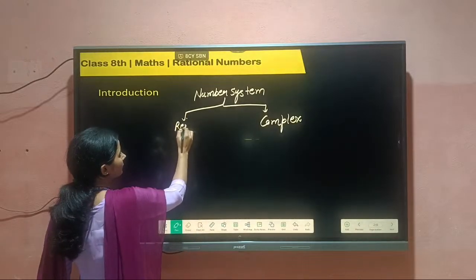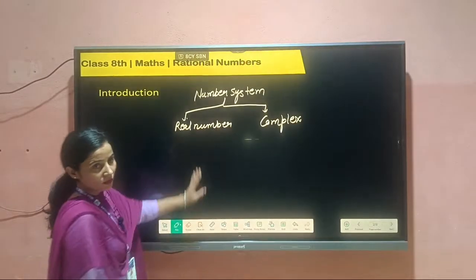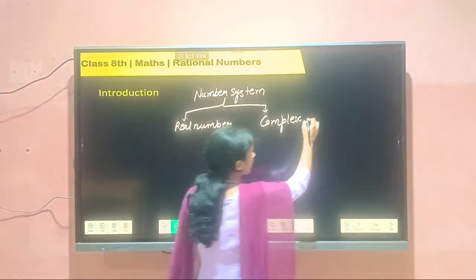Number is of two types, real number and complex number.